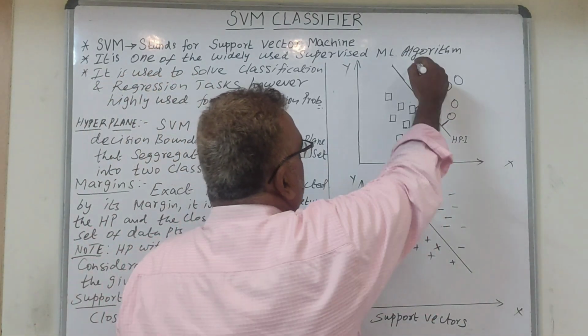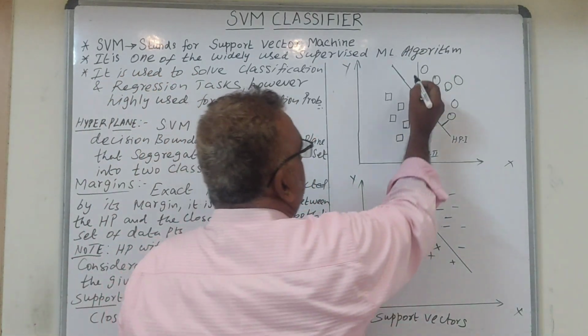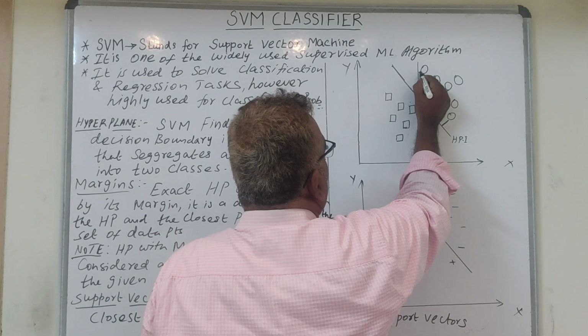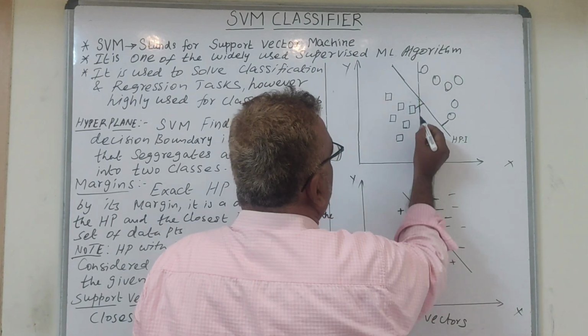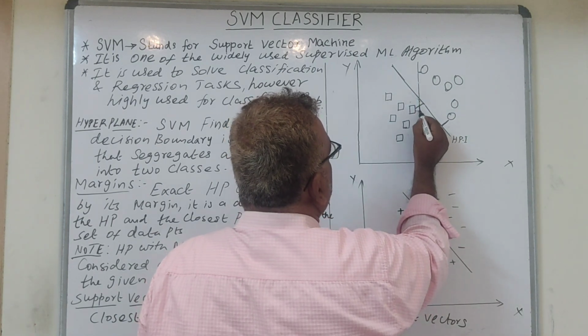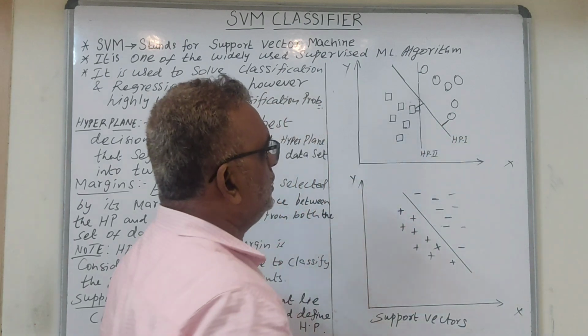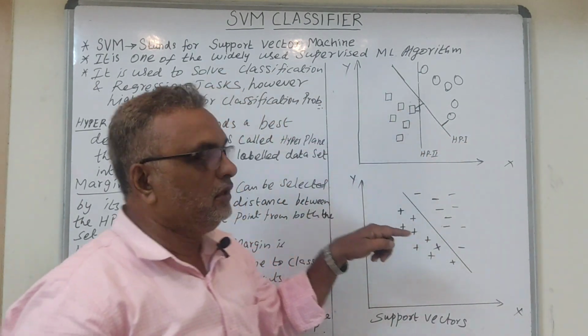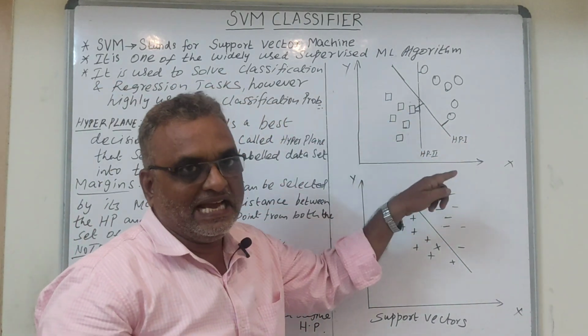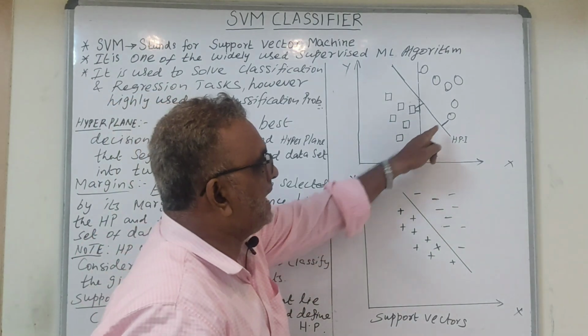Similarly, as far as hyperplane 2 is concerned, this is the closest one, and similarly this is another closest one. If you compare these two, the best hyperplane is the hyperplane with the maximum margin.